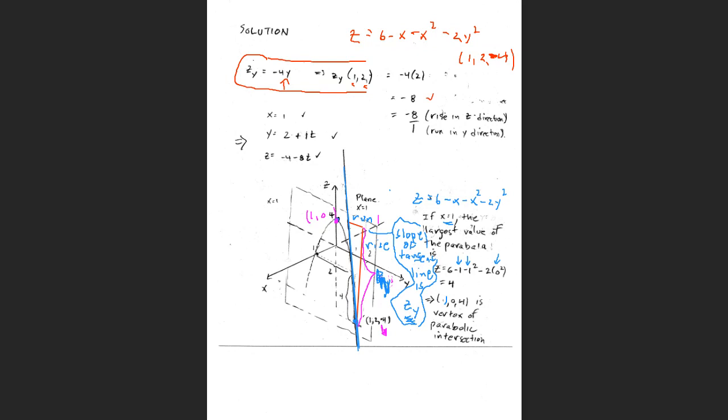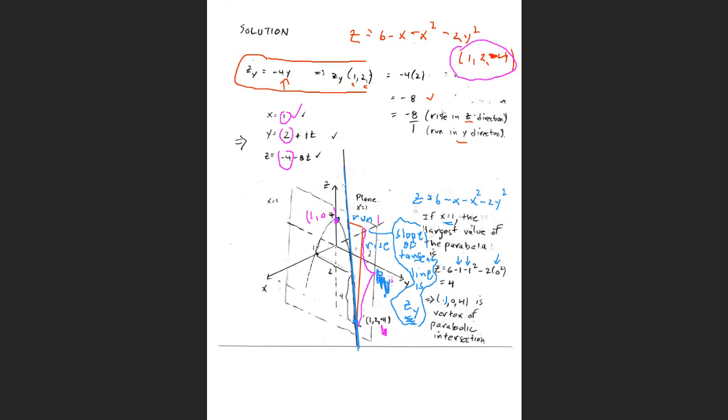You have to think of that as a rise in the z direction of negative 8 and a run in the y direction of 1. This allows us to get the parametric equations we're looking for, because x is 1, period. And remember, the line passes through the point (1, 2, -4).